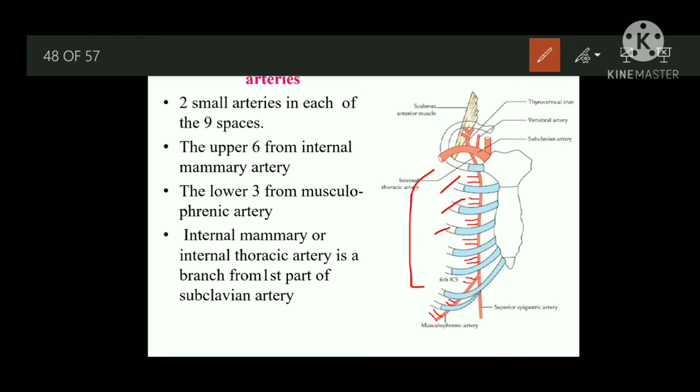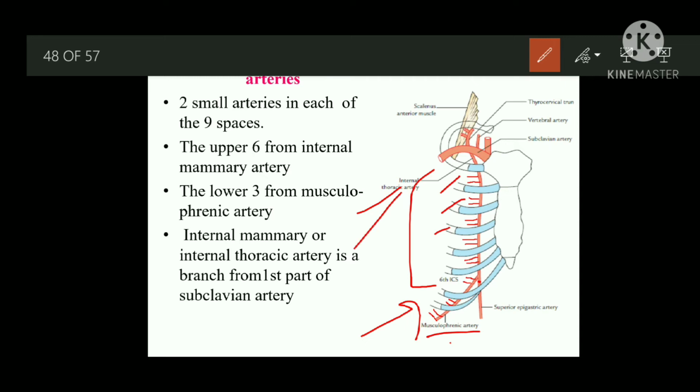Up to the upper 6 intercostal spaces, these two anterior intercostal arteries arise from the internal thoracic artery, and in the lower 3 intercostal spaces, these anterior intercostal arteries arise from the musculophrenic artery. This musculophrenic artery is a branch of the internal thoracic artery.